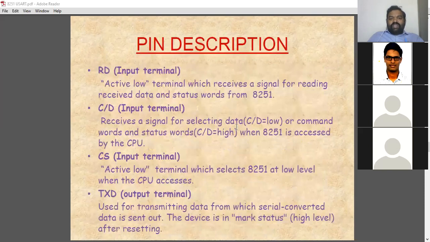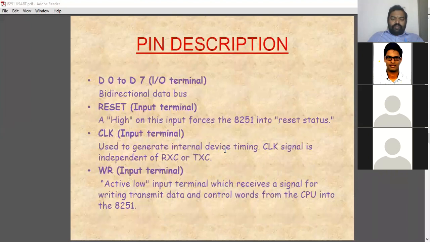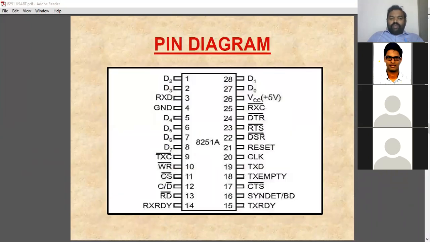This is a signal for selecting data or command words or status words when 8251 is accessed by the CPU. So two things here, C by D bar. One is D for data, and another one is command word.